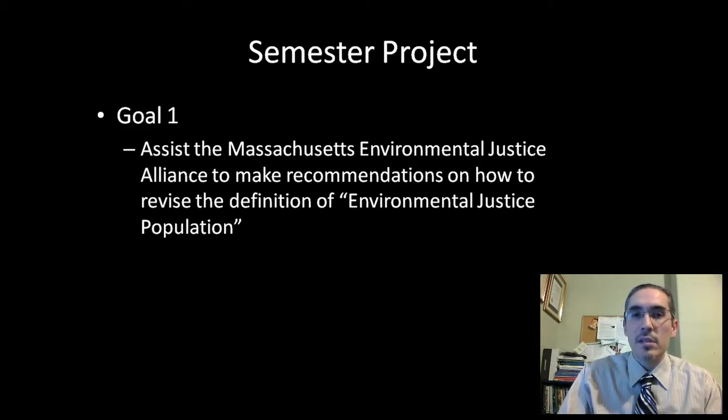But in order to make those determinations, we first need to look at what those criteria would look like geographically. And so what this goal is about essentially is to look at how these different potential environmental justice population criteria would look like.